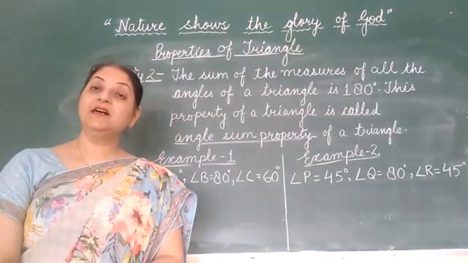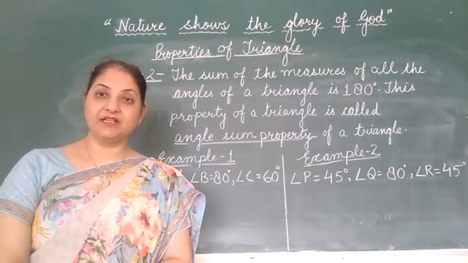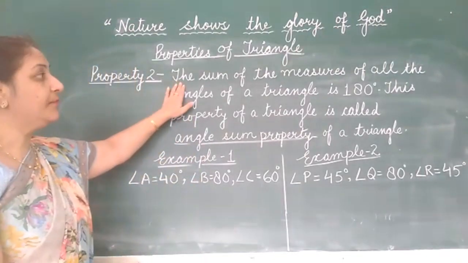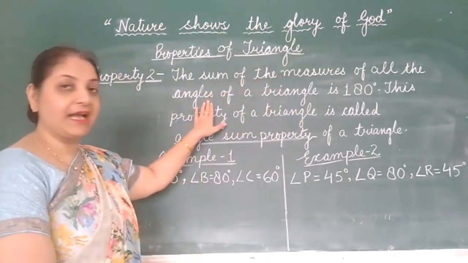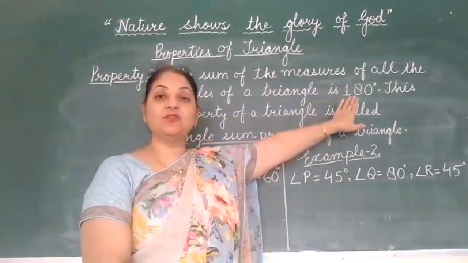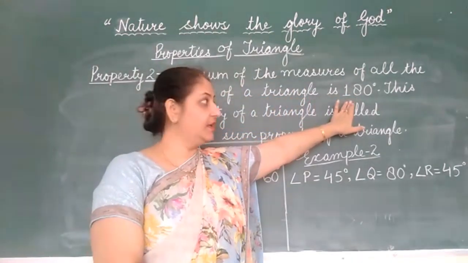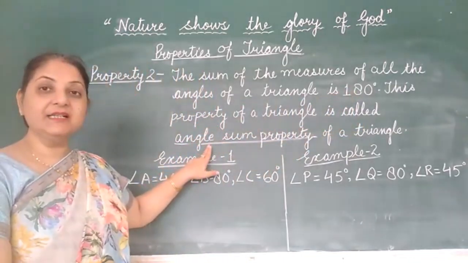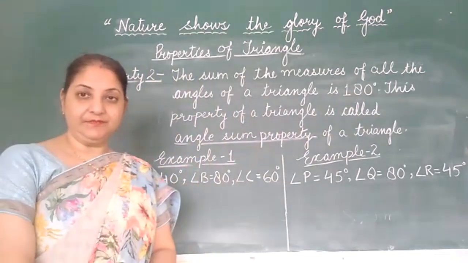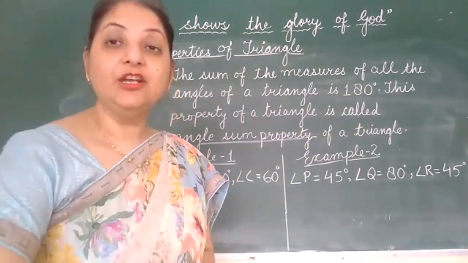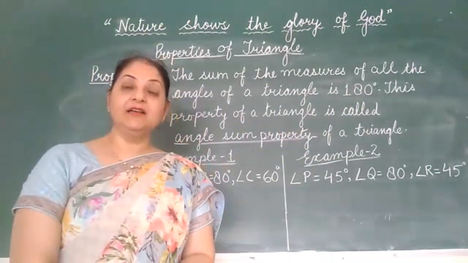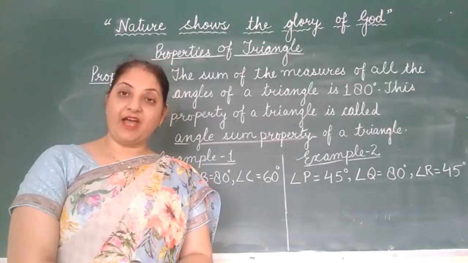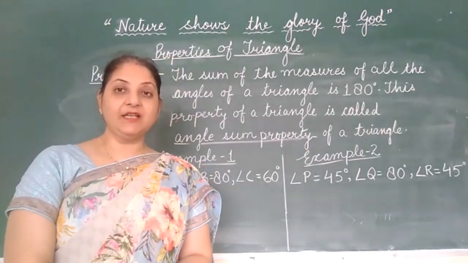Let us see the other property of triangle. The sum of the measures of all the three angles of a triangle is always 180 degree. This property of a triangle is called angle sum property of a triangle. Let us see two examples to understand with the given measurements of angle can we form a triangle.